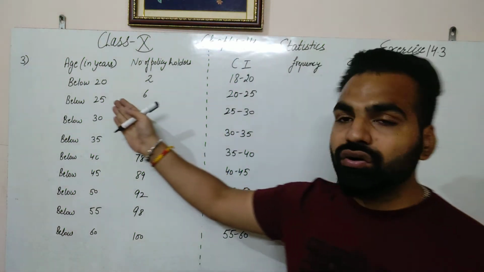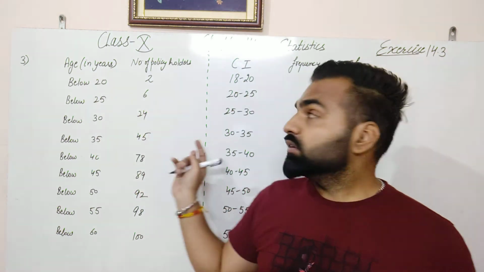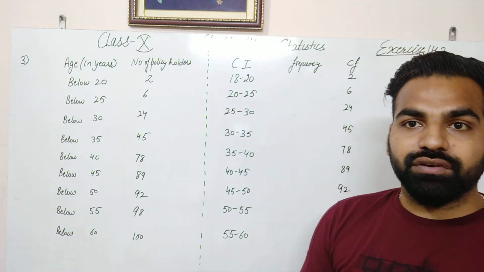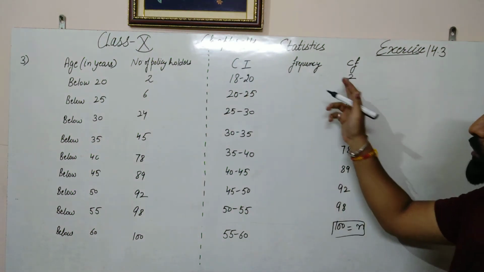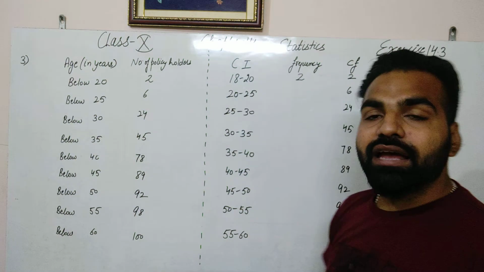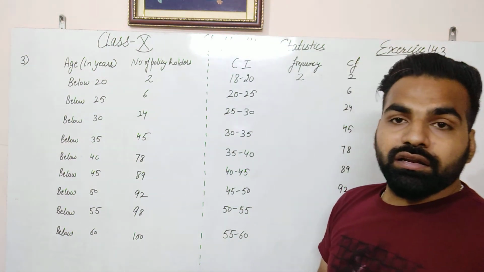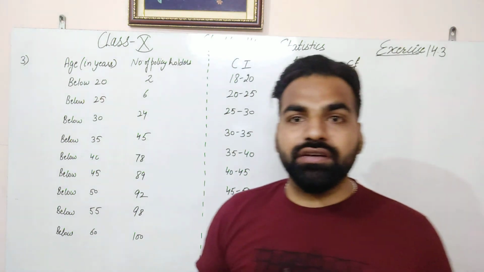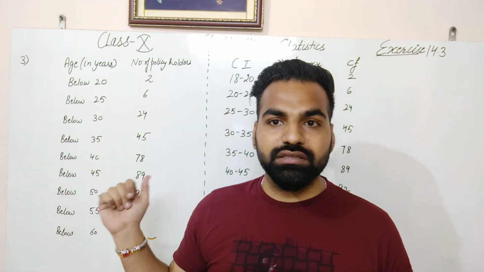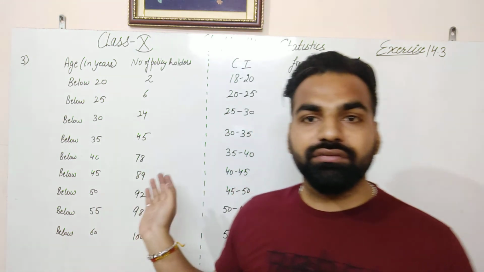So for below or less than type, I'm telling you how to calculate frequencies whenever the cumulative frequency is given. The first frequency will remain the same as in CF. Now, whenever the frequencies were given, we used to add the next frequency to calculate the CF, but we will now move in the reverse order.